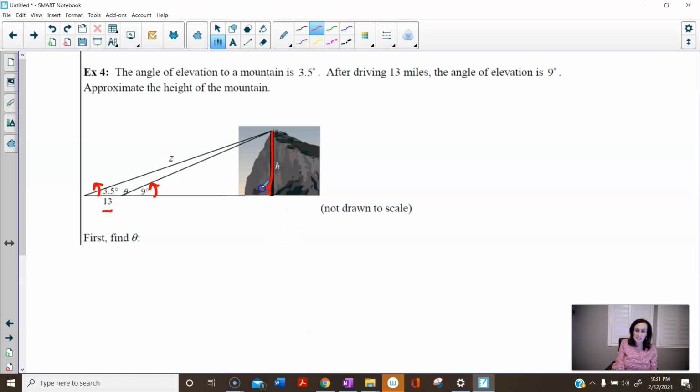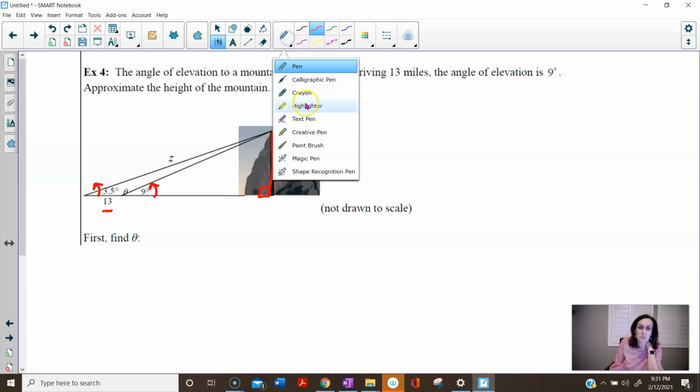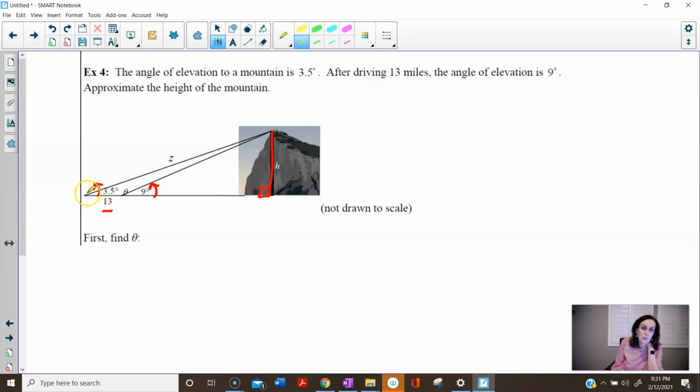Now, we do see that this is a right angle, but we can't use SOHCAHTOA because we don't have enough information yet. So what we're going to do instead is focus in on this triangle right here first. If I can figure out the side Z, then I could use that to help me figure out the height.